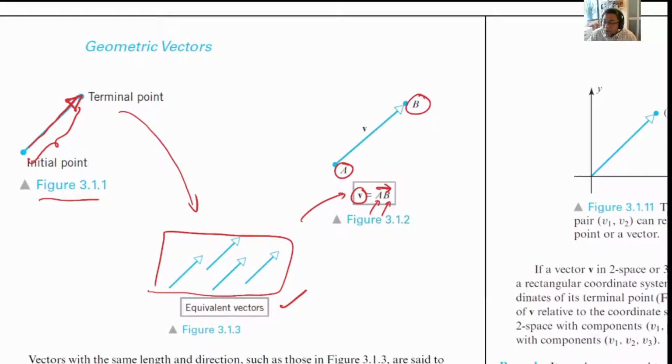In summary, geometrically, we can picture a vector as a directed line segment whose length is the magnitude of the vector. The length is this length, with an arrow indicating the direction, and the direction is from the tail to its head.